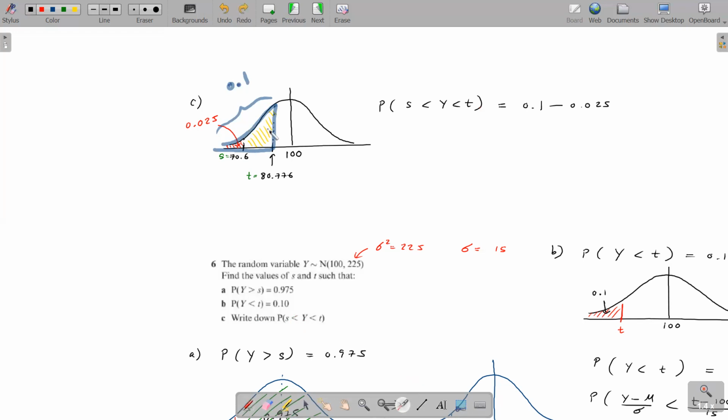It works, right? From the area completely behind T, if you subtract the area completely behind S, you get the area between S and T. So using the information they gave you earlier, okay, guys, what's the answer? 0.075. Okay. All right.